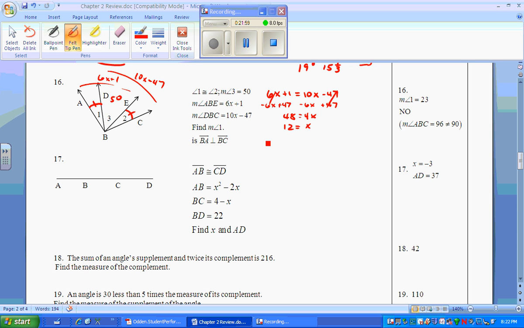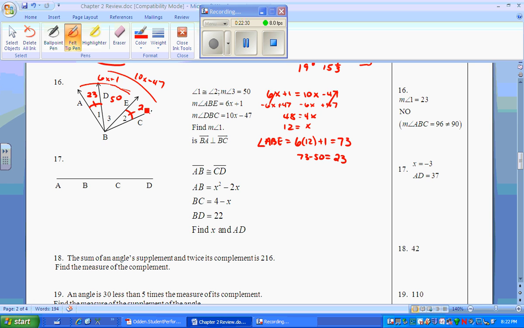We want the measure of angle 1. Well, we can say ABE is equal to 6 times 12 plus 1, which is equal to 73. So this angle over here is 73, but that includes the 50. So 73 minus 50, I'm left with 23.